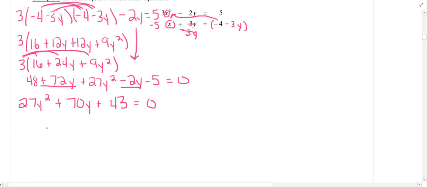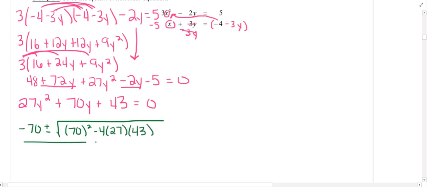All right, so you've got your b, so -70 plus or minus the square root of b squared, so 70 squared, minus 4 times 27 times 43, over 2 times 27. All right, so let's work that out. Let me grab a calculator here.